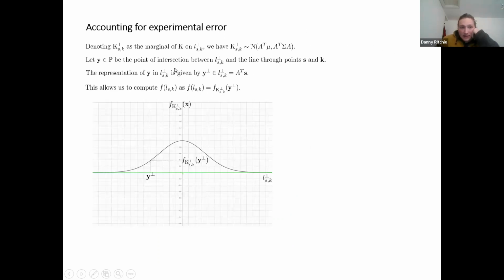Denoting that intersection point Y perp, this will allow us to compute f_LSK, the probability that the new phase will lie on the line segment LSK, as simply the probability density of the marginal distribution at the point Y perp.